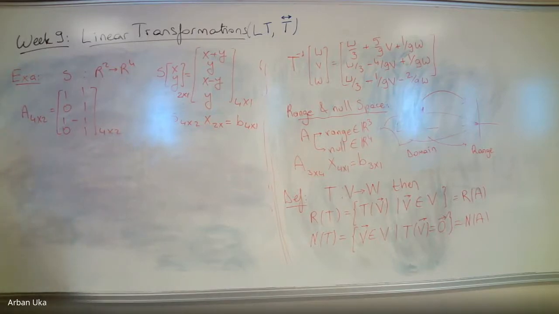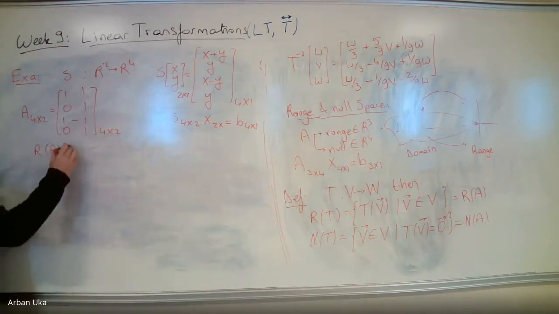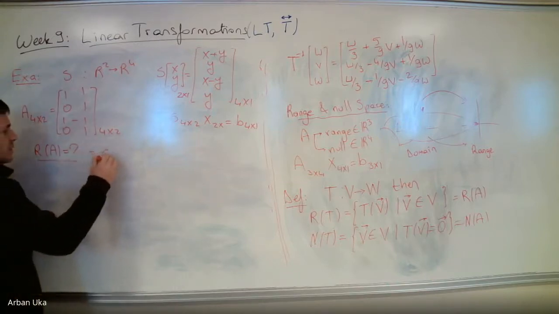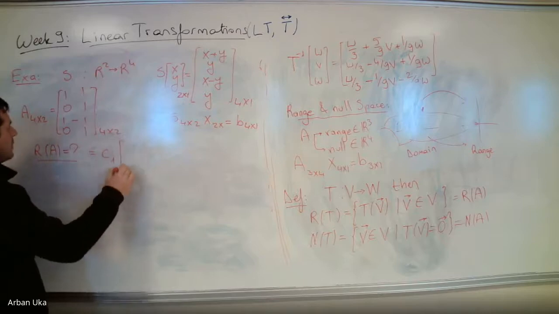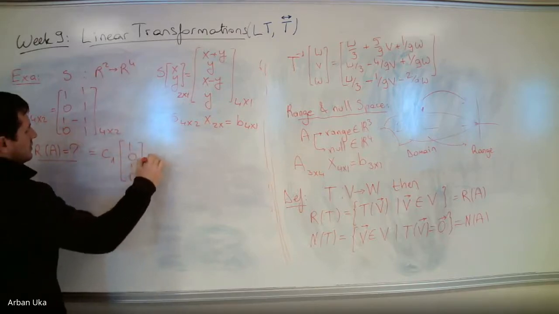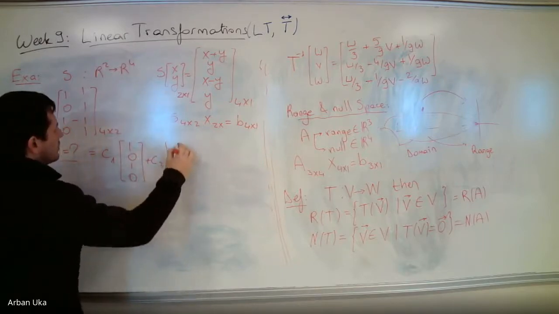And we know also, so what is the range of A in this case? Let's ask this question. What is the range of A? Now, the range of A, we know that it is a linear combination of the columns of A. So it's going to be c1 times (1, 0, 1, 0) plus c2 times (1, 1, -1, 1).